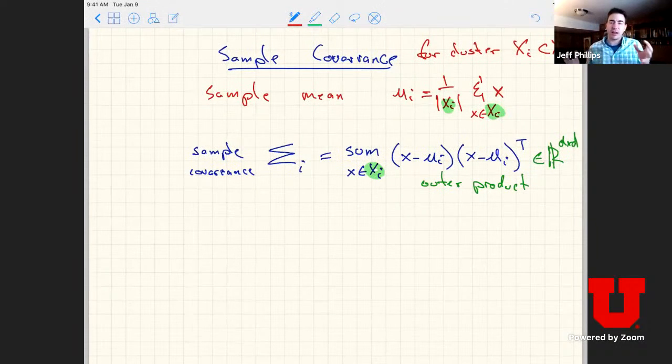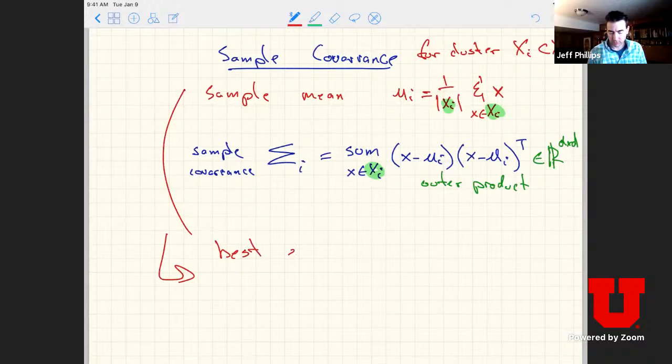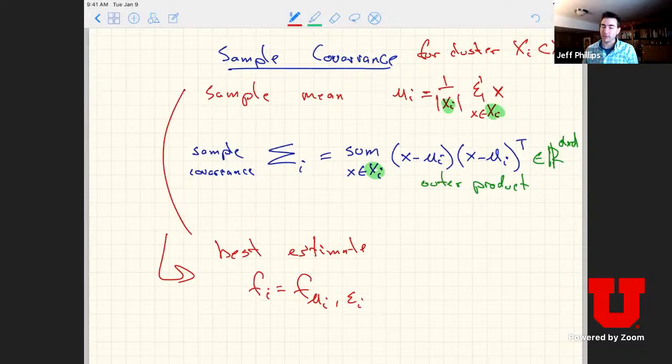Okay, and so now if I have these data points, I can just estimate the function this way, right? So this goes to the best estimate of fi equals f of mu_i, sigma_i.